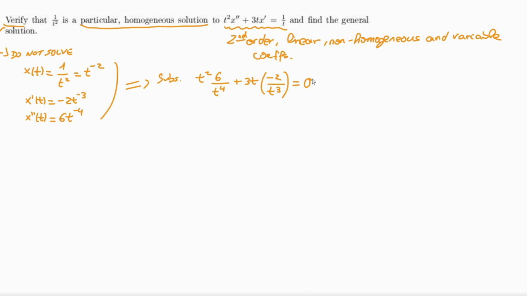If it's second order, we expect two linearly independent homogeneous solutions, one of them being 1 over t squared.